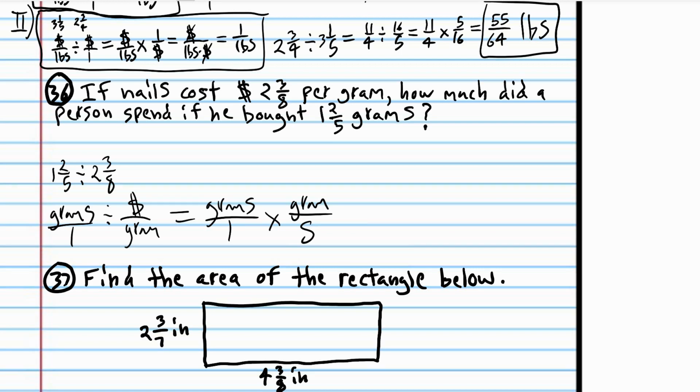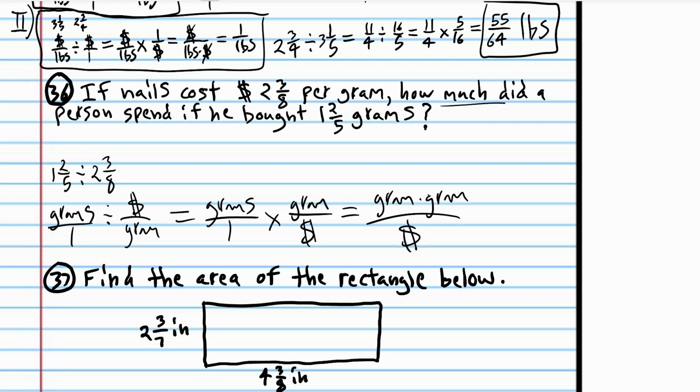I wasn't thinking and I wasn't concentrating and I assumed it was going to be division. But I used the factor label method to check. And I ended up with grams times grams over dollars. That's not what we're looking for.